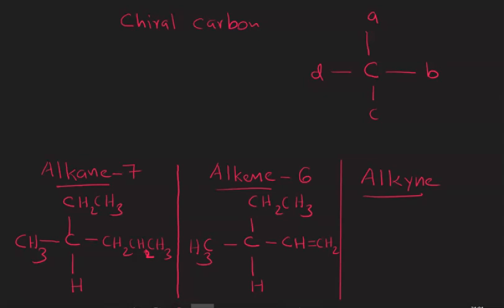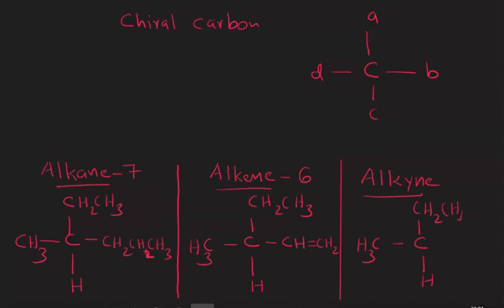Now moving on to alkyne, we follow the same procedure. Carbon, hydrogen first we will put, then of course the methyl group CH3. After that CH2 CH3 itself, that is ethyl group.